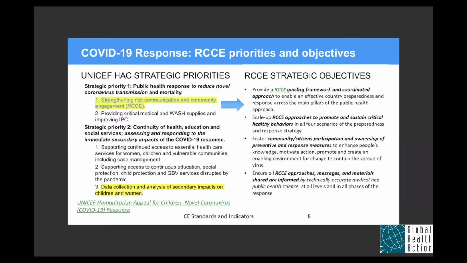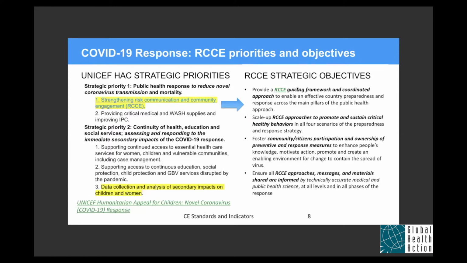This summarizes what our strategic objectives are and how we have taken the community engagement standards forward, because they basically inform everything that we do, from our framework and informing our coordinated approaches with partners, down to how we identify the critical behaviors that we want to address, and how we work with communities to ensure that they are participating and owning the actions that they need to take during this response.